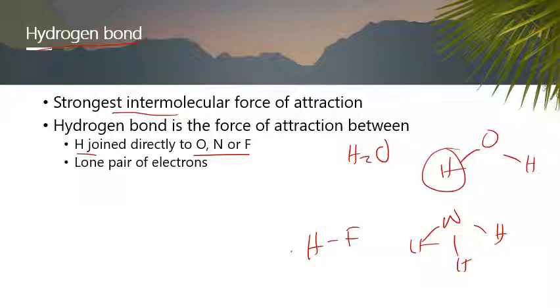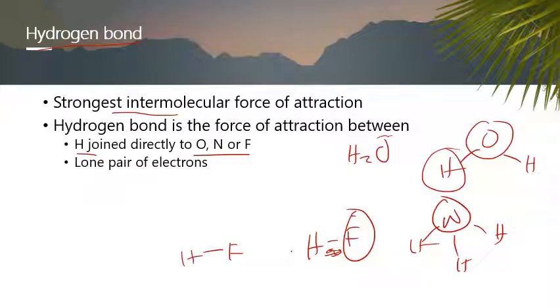So the hydrogen must be directly linked to either O, N, or F. And this will then attract to the next one, like the lone pairs here. It will be attracted to there.